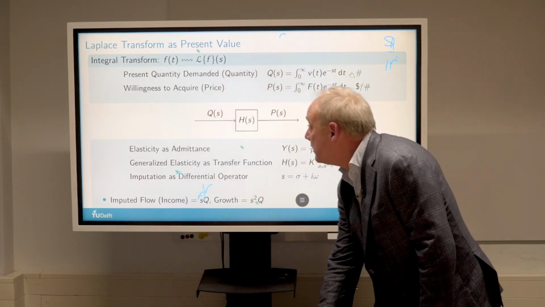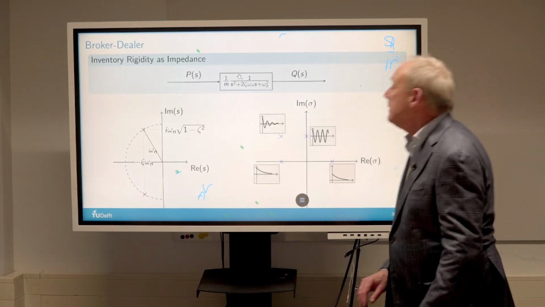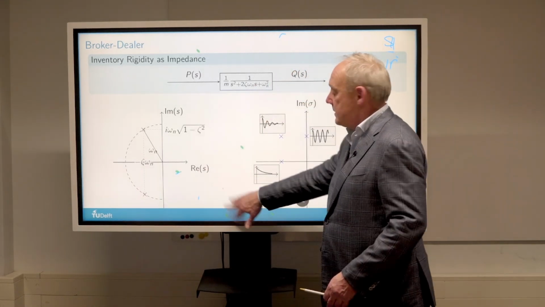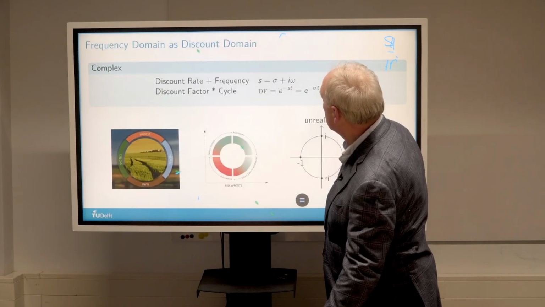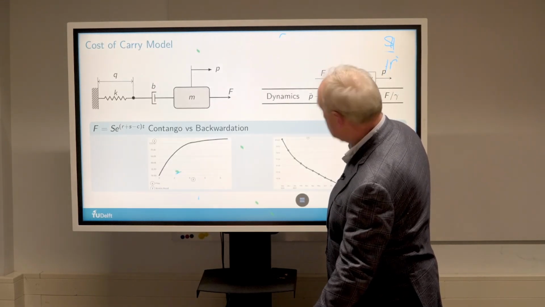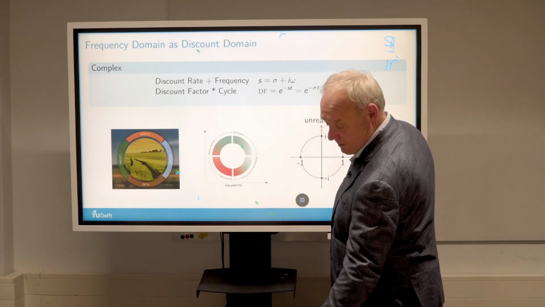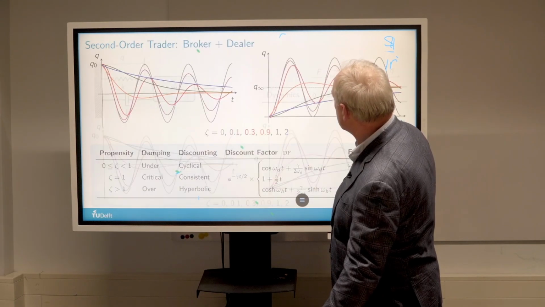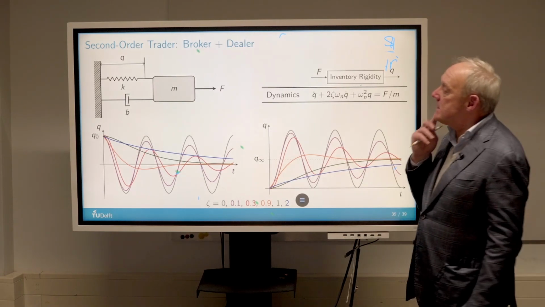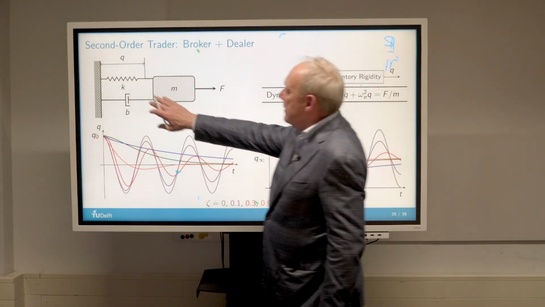All right, let's go. And this is the system that we had. It was this thing, yeah. So this was this inventory manager, right?